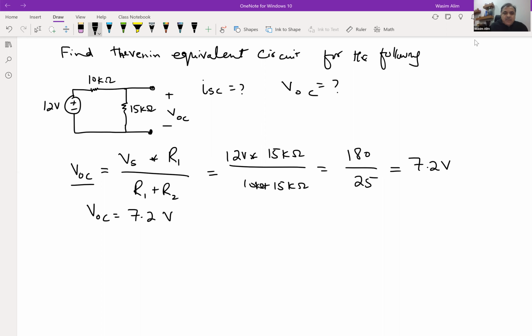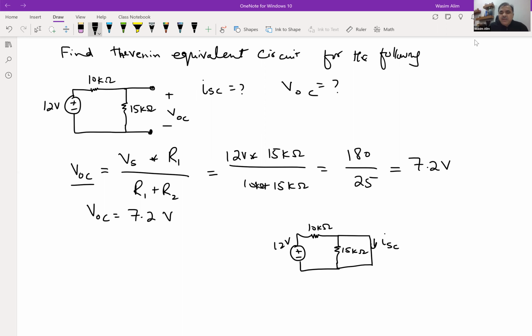So to do that, we will have to connect a short circuit and find the I short circuit here. We have a 15 kilo ohm resistor here and a 10 kilo ohm resistor here with a 12 volt source.